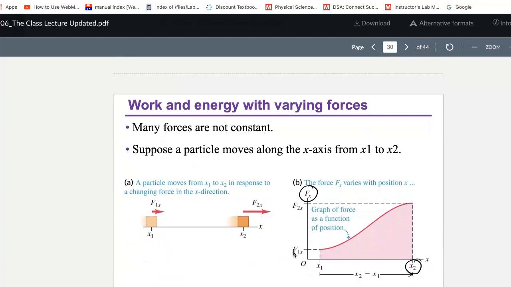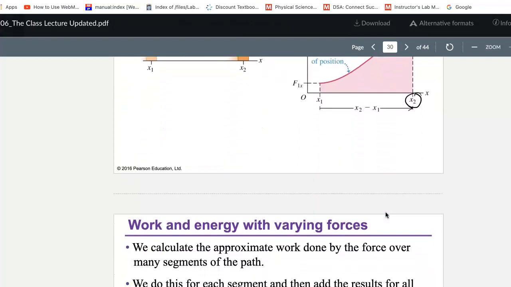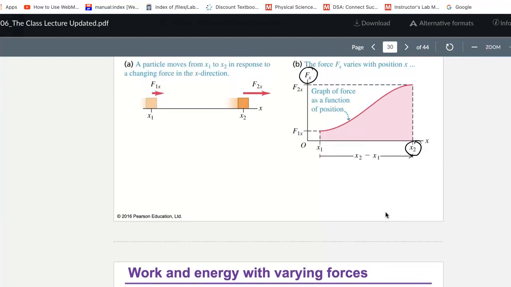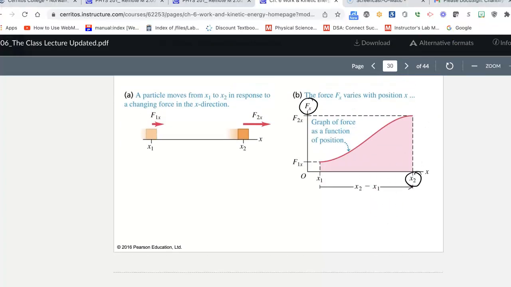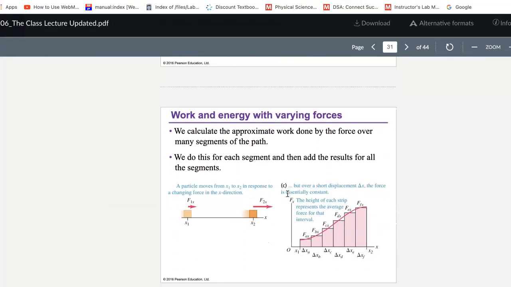Now when the force that we are dealing with is not constant, and we need to find the work done, we are going to find the area under the graph in order to get the work. Sometimes it's going to be complicated, but sometimes it's going to be easy. Instead of calculating the area under the curve, we can integrate.